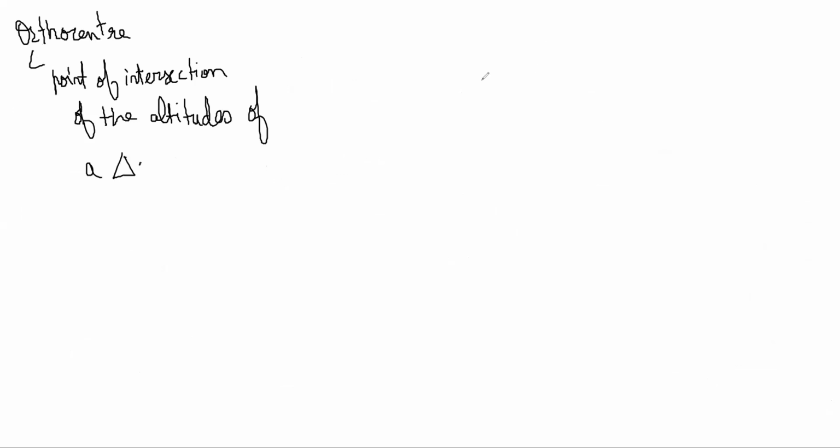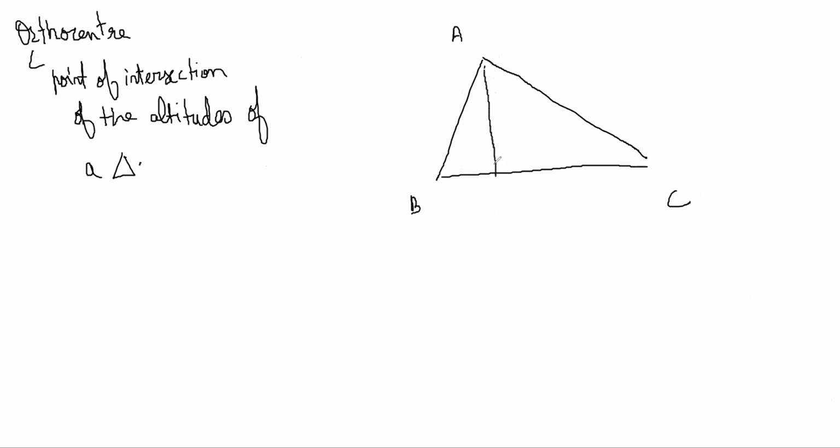It is a perpendicular from one vertex to the opposite side. In triangle ABC, I will make one perpendicular like this, let's call it D. Another perpendicular like this, let's call it E. And the third perpendicular like this, this is my F. This point of intersection is called the orthocenter. Let's call it H.